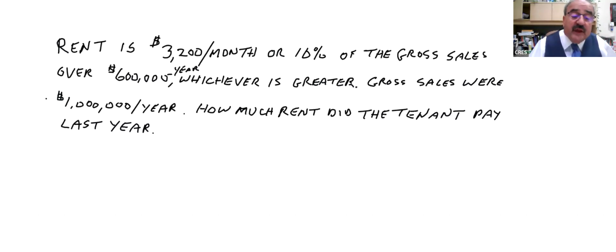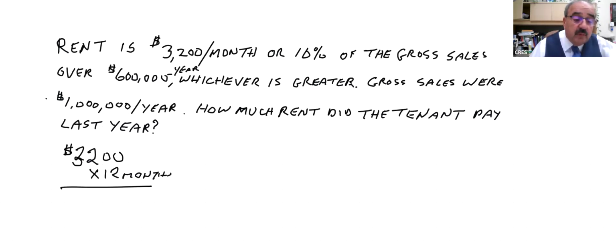So there's two steps involved on this one. You take 3,200 a month times 12 months. And that's going to equal 38,400 a year. That's for the year. The other part, so the gross sales were $1 million.